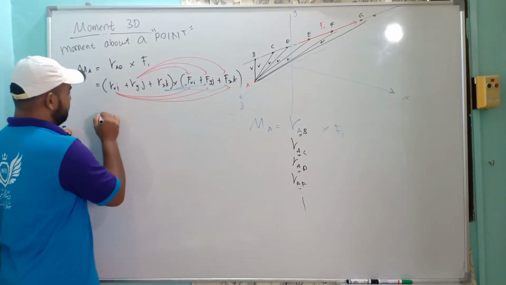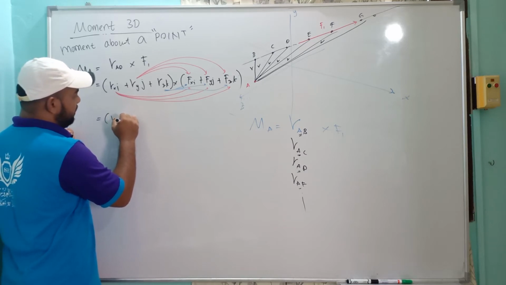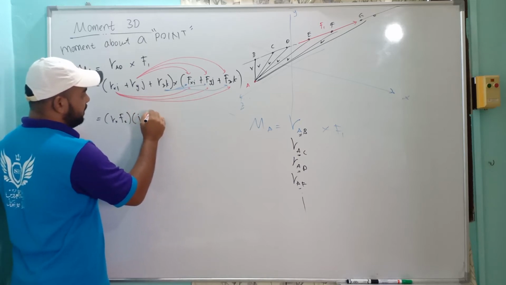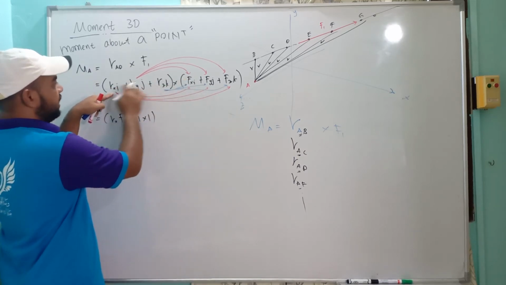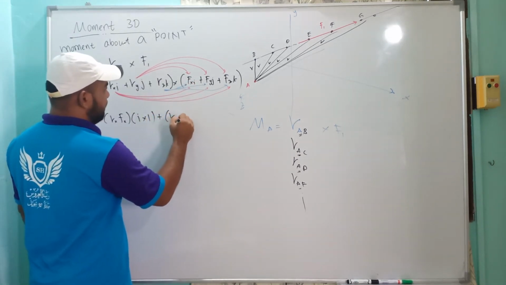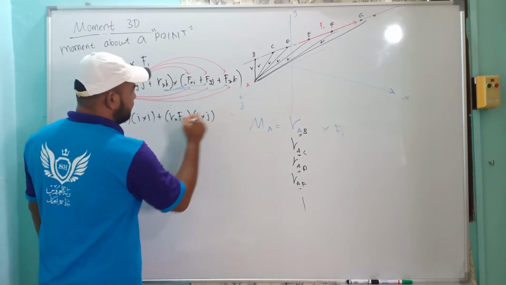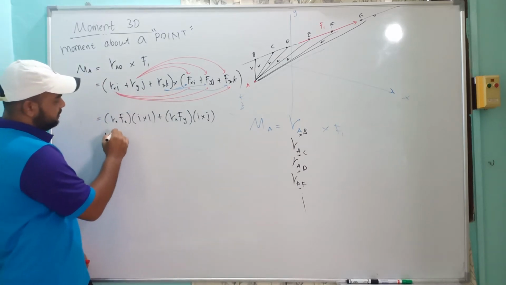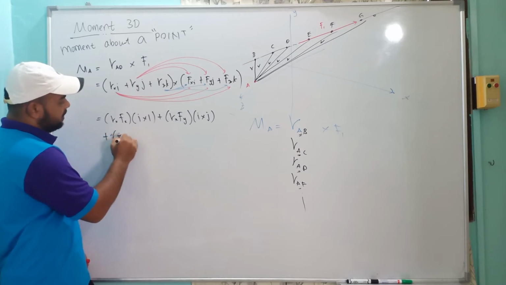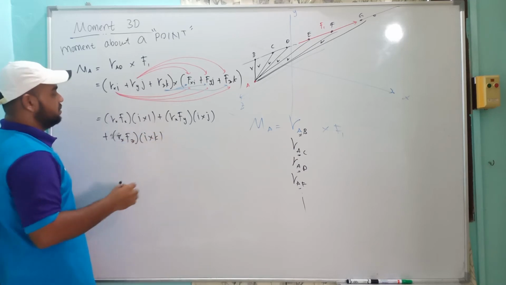Okay, from here, what we do is Rx Fx, I cross I. So Rx Fx I cross I, plus Rx Fy I cross J, plus Rx Fz I cross K, and so on.